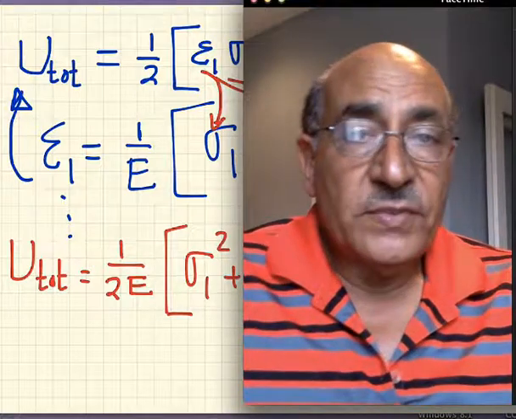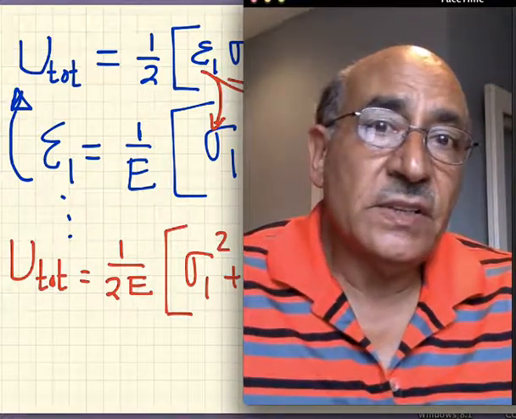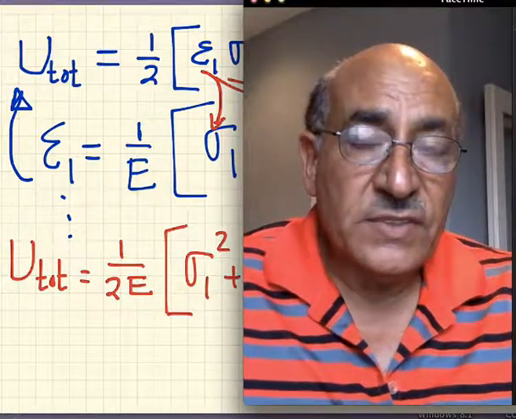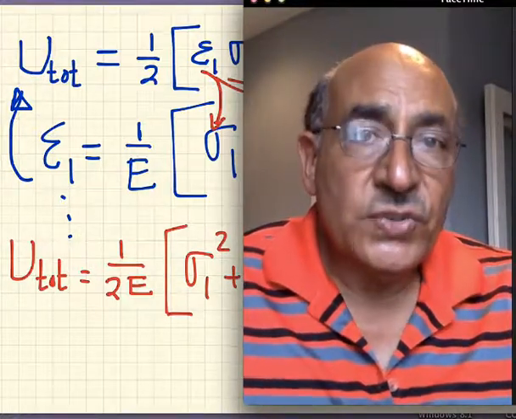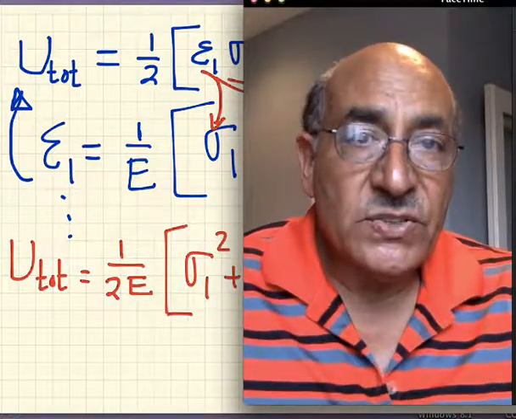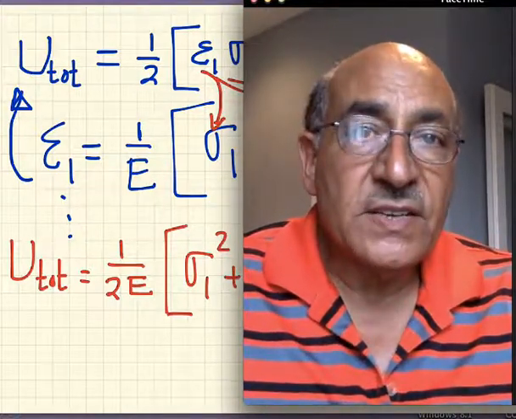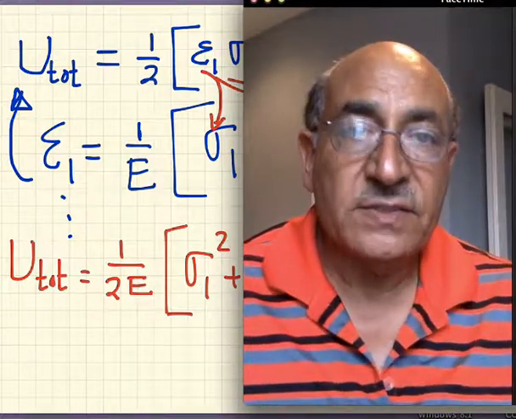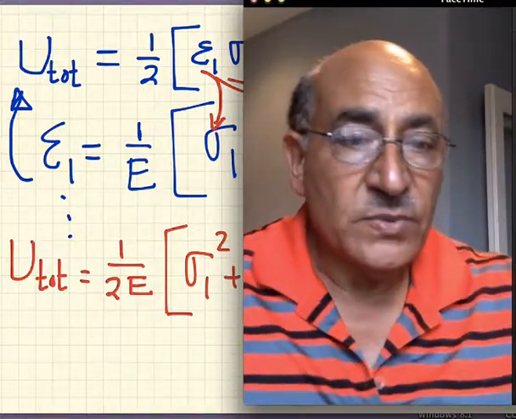In order to do that, I can apply the same formula that I just derived to the case when sigma 1 is equal to sigma 2 is equal to sigma 3 is equal to a number, and that number we're going to call sigma average. That's the case that we'll consider.